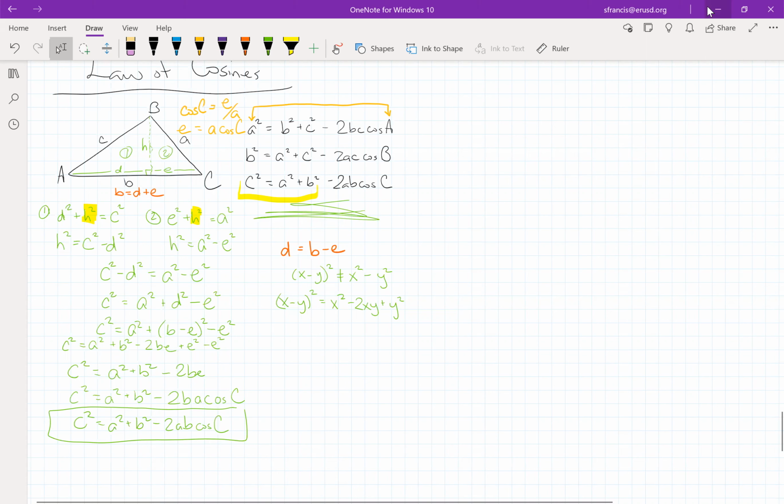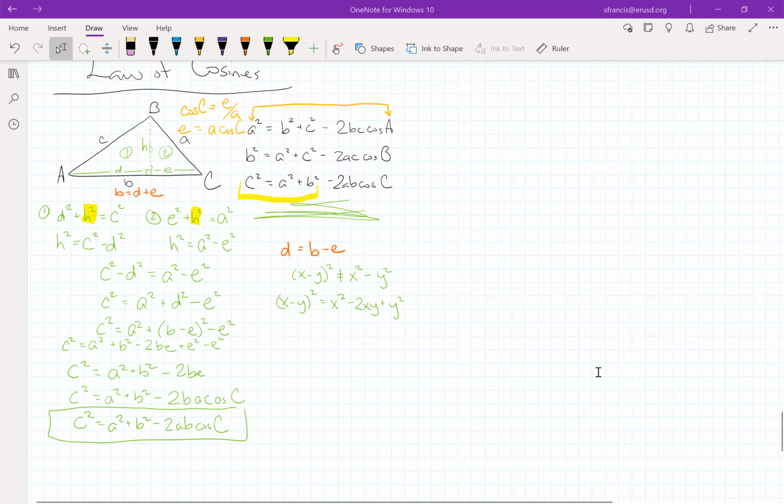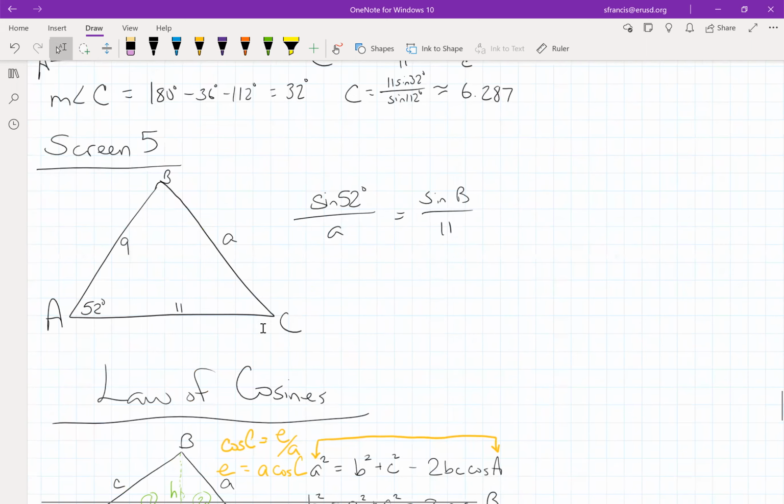My screen sharing is paused. For those who need to see that triangle again, here's this.